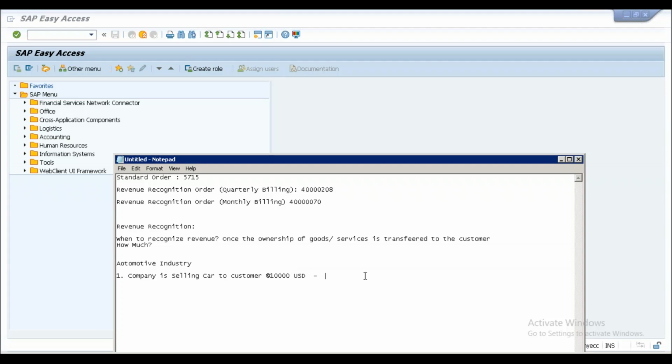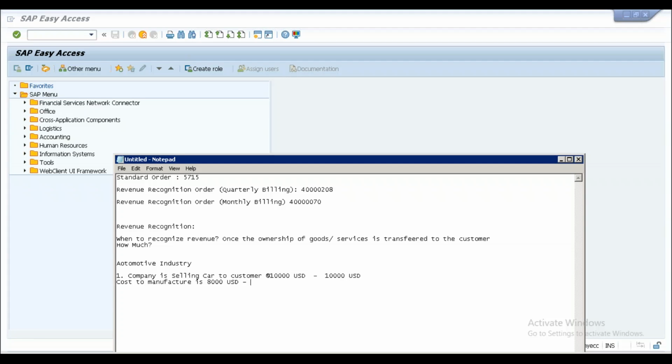Just tell me whatever you think. Umer is saying 10,000. You can unmute yourself, we can discuss here. So 10,000 USD will become the revenue for this company. Now, if I am adding more conditions here, the cost to manufacture is 8,000 USD.